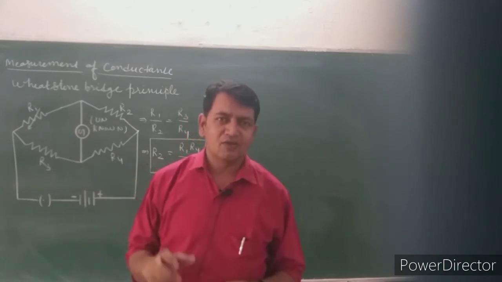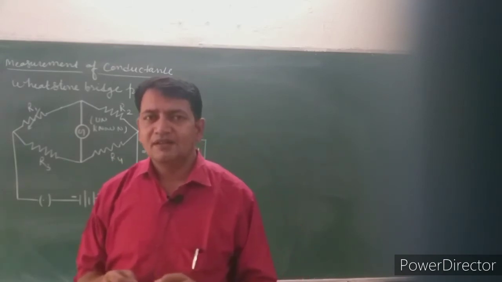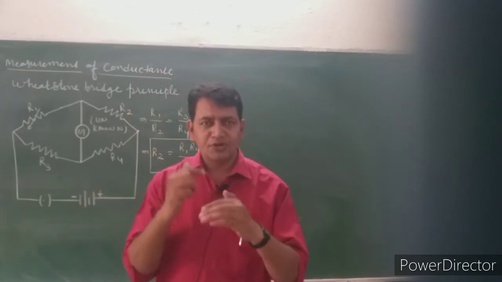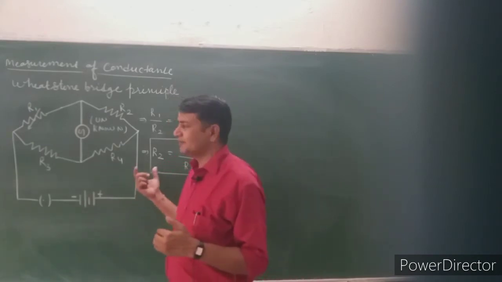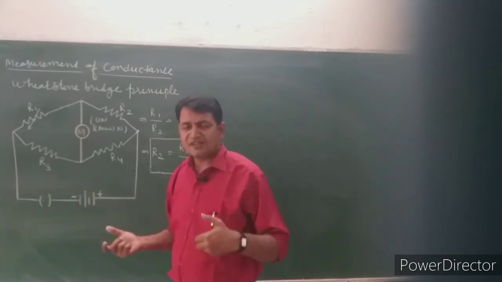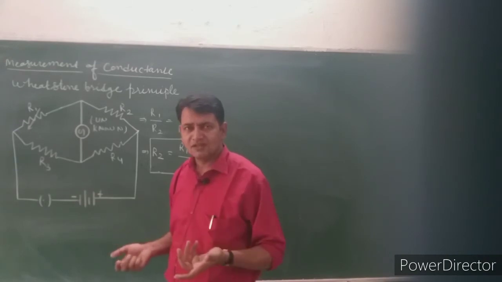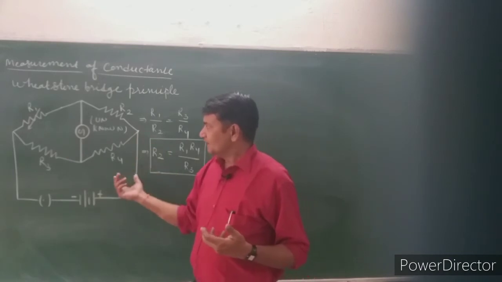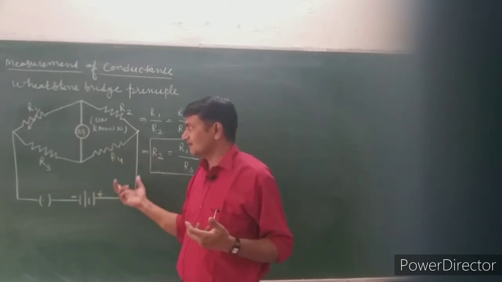The platinum wire or platinum electrode is coated with finely divided platinum black, so it is completely inert. So we use platinum electrodes to construct a conductivity cell for the given electrolytic solution.